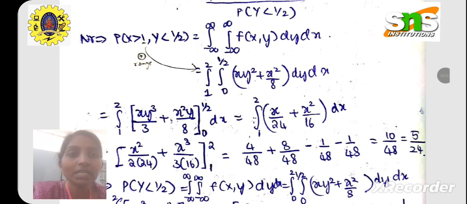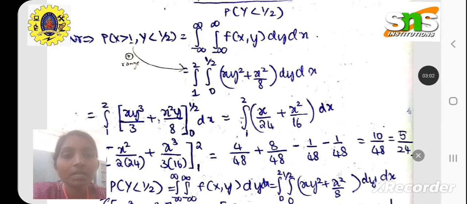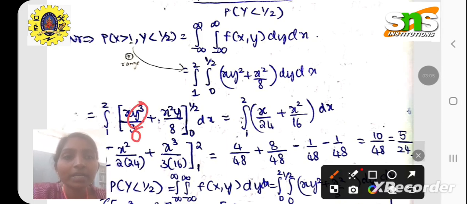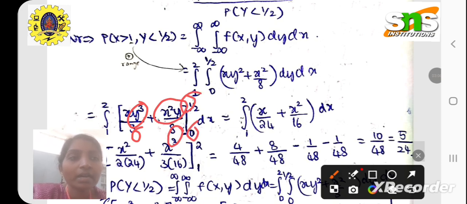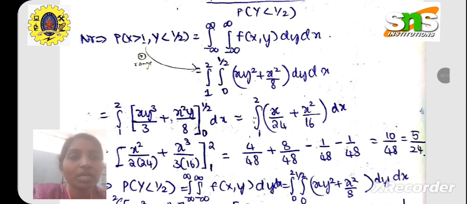On integrating with respect to y first, we will have xy cube by 3 and x squared y by 8 within the limit 0 to 1 by 2. After substituting the upper and lower limits, we integrate with respect to the variable x in the next step.